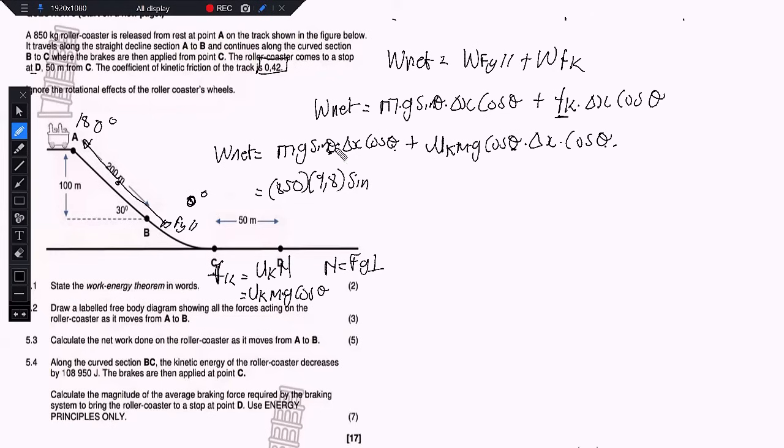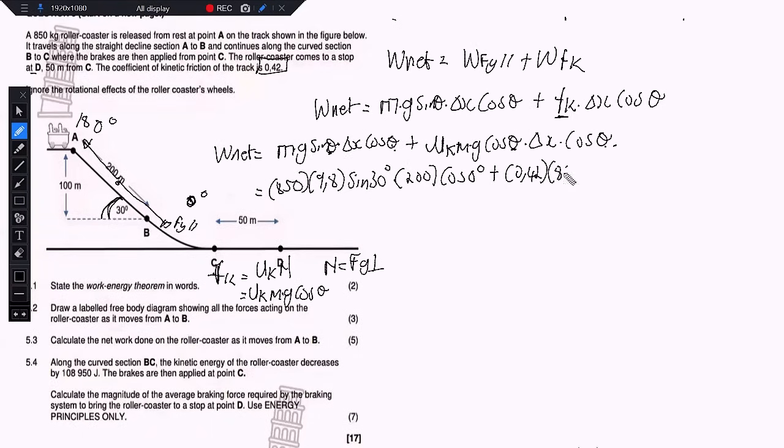Now sine theta from here is the one for the incline, 30 degrees. And then our delta x, 200, but then cos what? 0 degrees, because Fg parallel is sliding down the incline, which is in the same direction as the displacement. And then here we have mu k, which is 0.42.